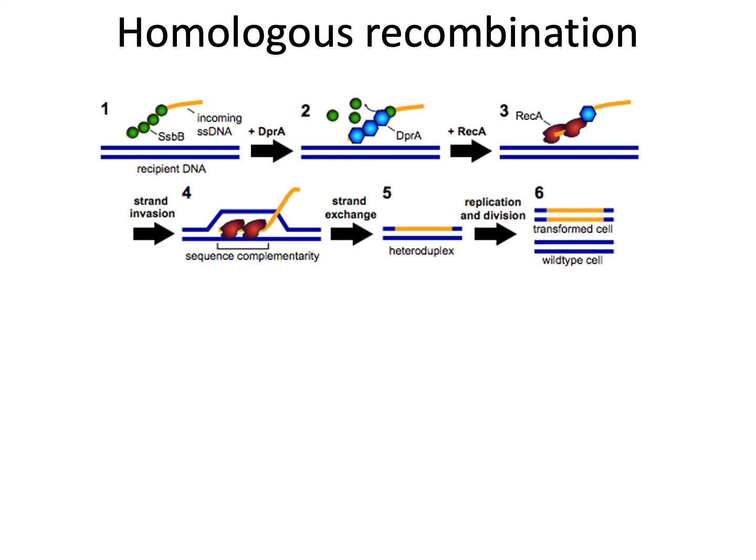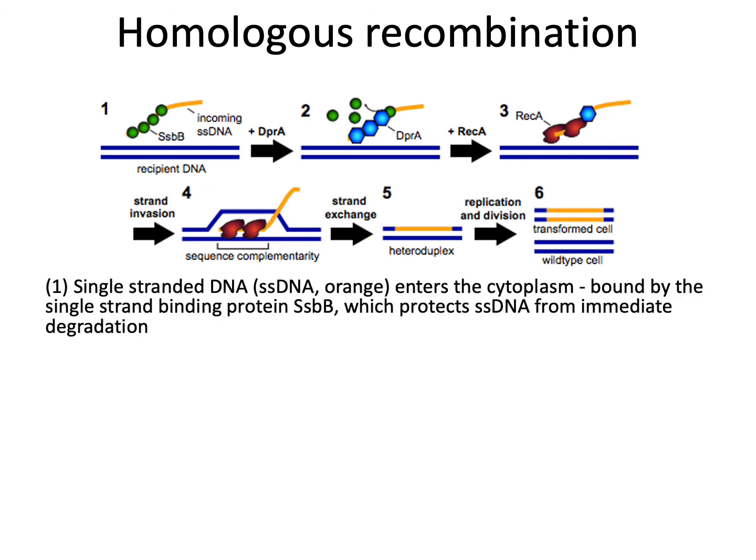One single-stranded DNA, or what we call ssDNA, represented by the orange color here, enters the cytoplasm. It is bound by a single-strand binding protein, SSB, that protects the single-stranded DNA from immediate degradation. Then, another protein called DprA, or DNA processing A, will displace SSB.